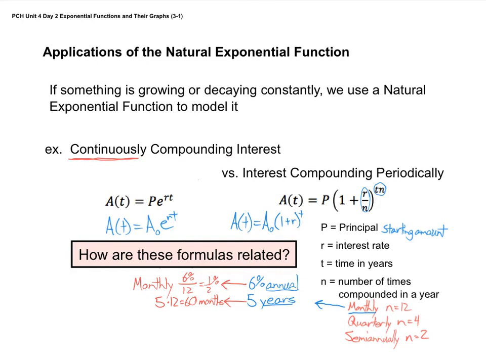Now, this formula right here, like I said, is a generalization of this compounding interest formula, and the key here is you can still think of it this way as long as we have consistent units. So think about how often it is going to compound.